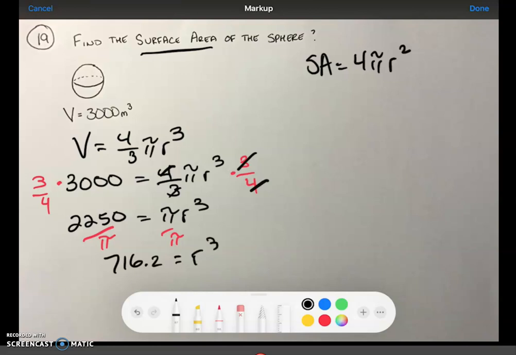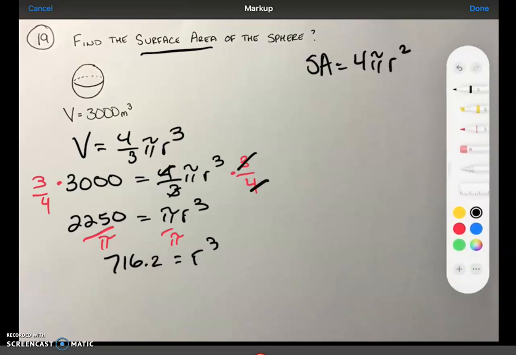Now to get rid of that radical 3 there, you need to do the cube root of 716.2, and then on the other side the cube root and the 3 cancel each other out. Now you're going to need a calculator here.